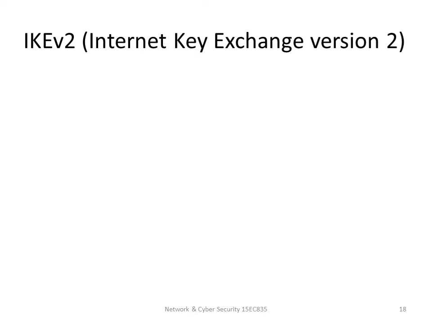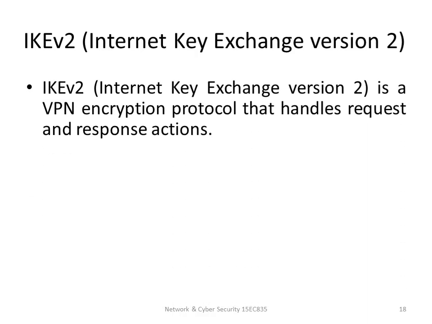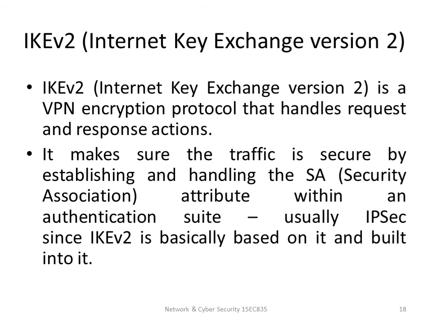The Internet Key Exchange version 2 is a VPN encryption protocol that handles request and response actions. It makes sure the traffic is secure by establishing and handling the SA, that is Security Association attributes, within an authentication suite, usually IPsec, since IKEv2 is basically based on it and built into it.